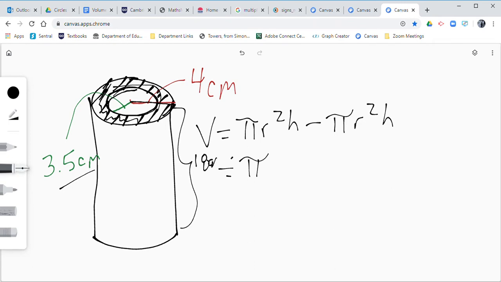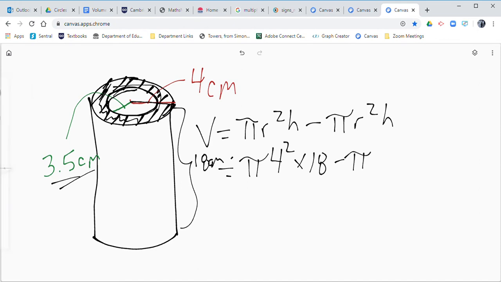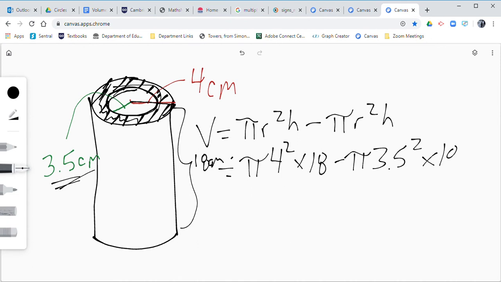So pi r squared, that would be 4 squared times 18, minus pi r squared, here 3.5 squared times 18. We're just removing that inner part by subtracting the volume of it.